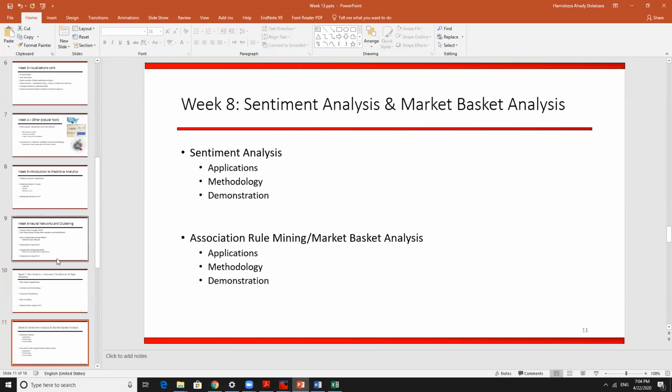You might remember we had some examples and hands-on experience on how to predict the ratings, and you had a homework about that. Also, we looked at rule mining or market basket analysis.